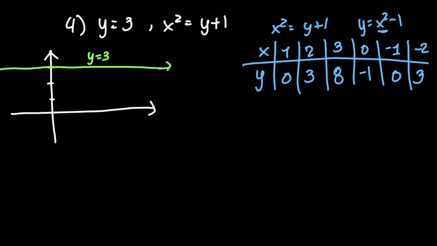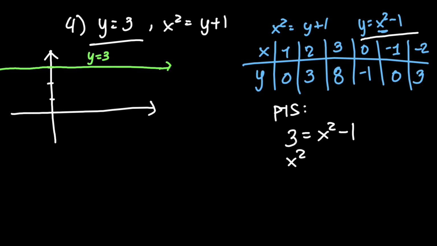And so, in order to find the points of intersection, first, we must equate this all to y. Since this is already y equals x squared minus 1. So this would be 3 equal to x squared minus 1. Move 3 to the other side, so you would have x squared minus 4 equal to 0.